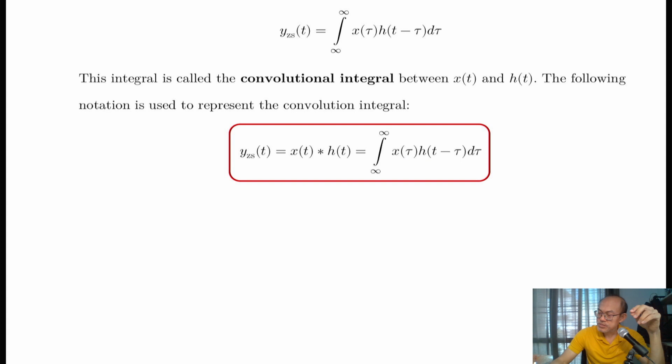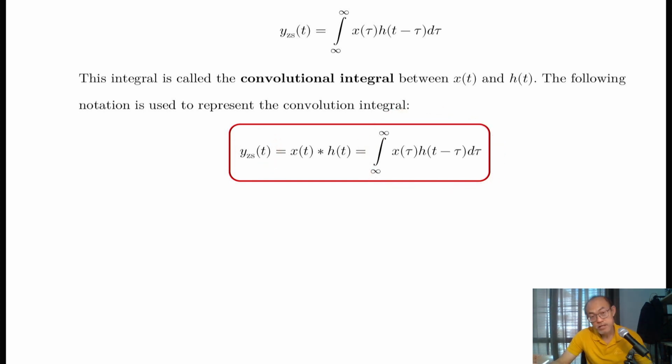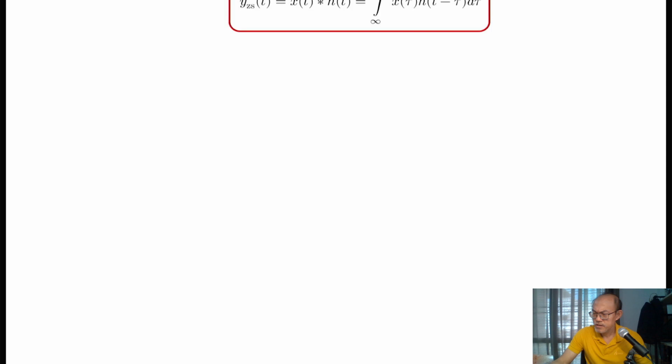So you put x first, then h second, and you put the star operator between them. Whenever you see this star operator, it means the convolution integral. The result from this integration would be the zero state response of your LTI system having this impulse response.